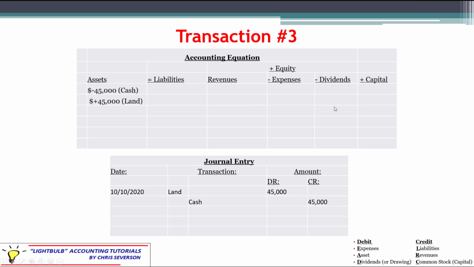Therefore, the rest of it can be zero as well. Now we're increasing land, which is an asset. We increase that with a debit. We're decreasing cash, which is also an asset. To decrease an asset, you use the opposite of its normal balance. Therefore, we need to credit that account. That's what's going on here.